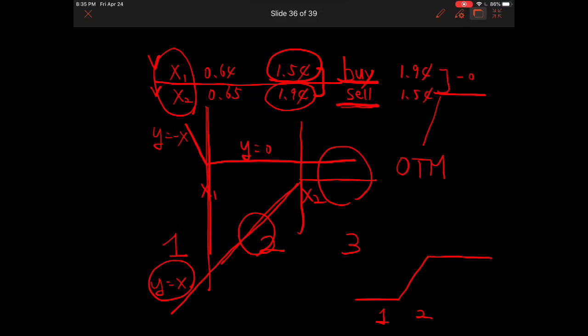So you spend 0.4 cents. What about here? You will have 0.4 cents revenue because you are buying the cheaper one, you are selling the expensive one, right?